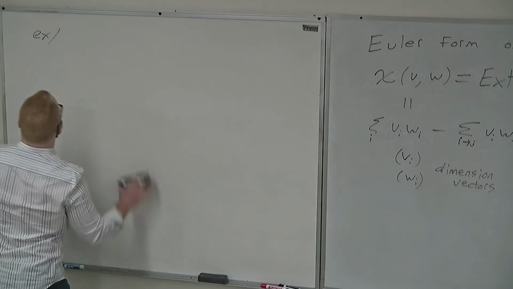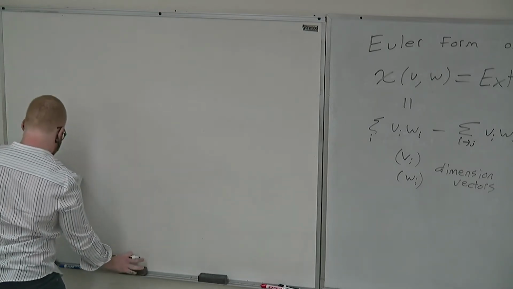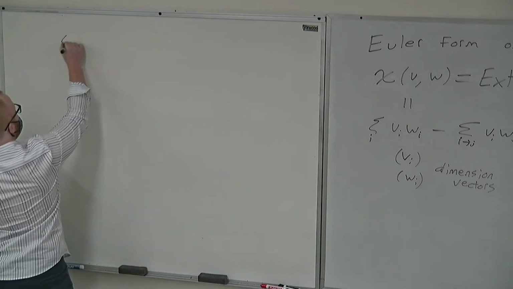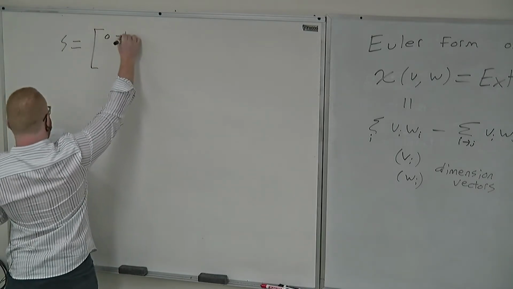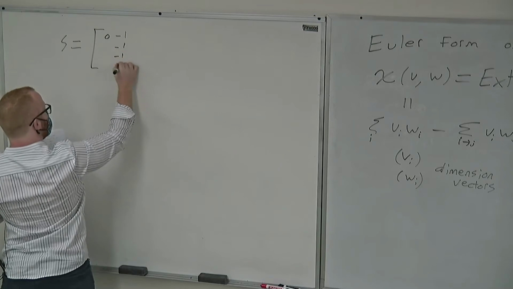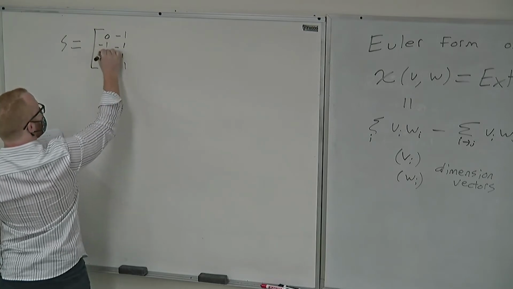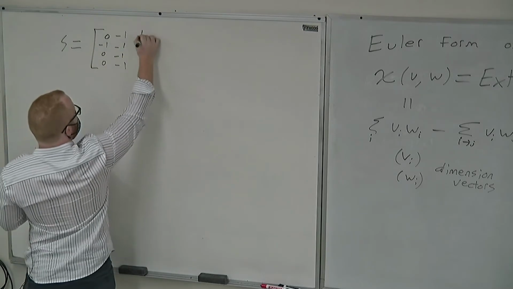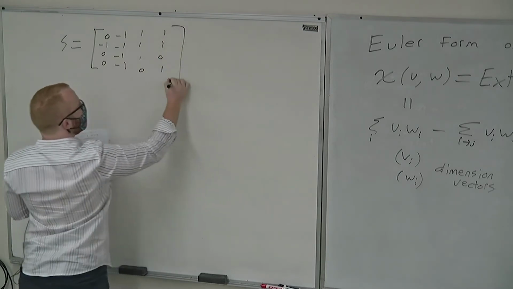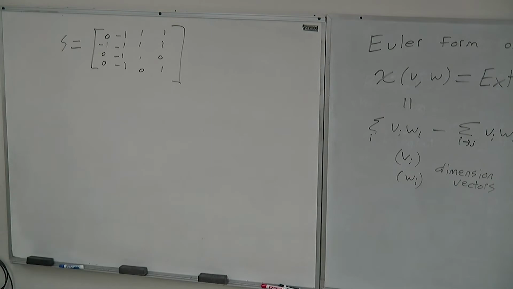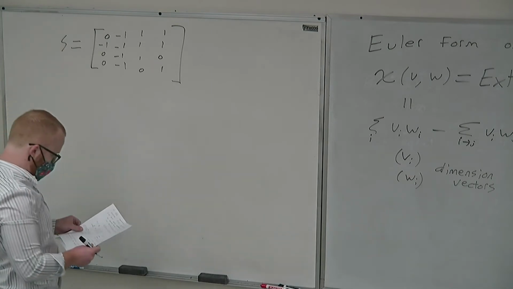So in our example, S is going to be something along the lines of 0, -1, -1, -1, -1, -1, -1, 0, 0, 1, 1, 1, 0, 1, 1, 0, 1. So this is the monodromy of the D4 fiber, or the D4 singularity.